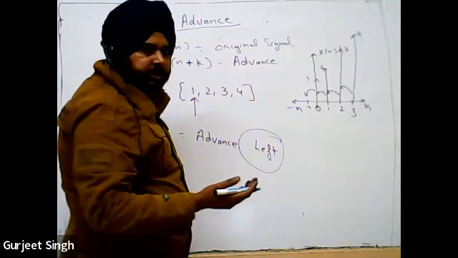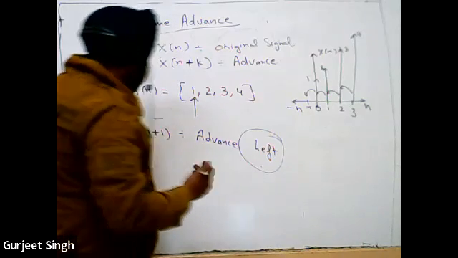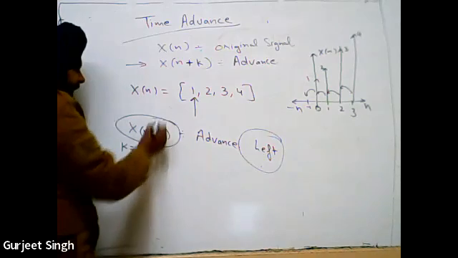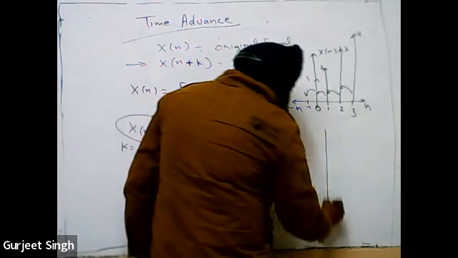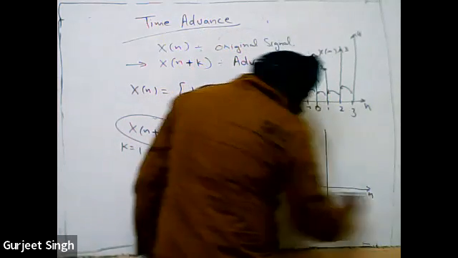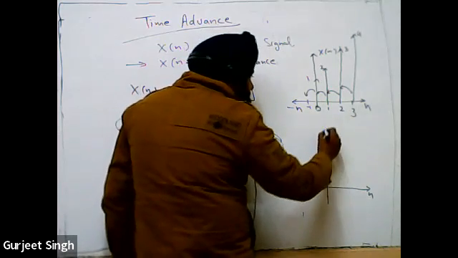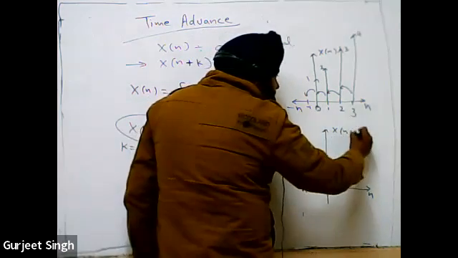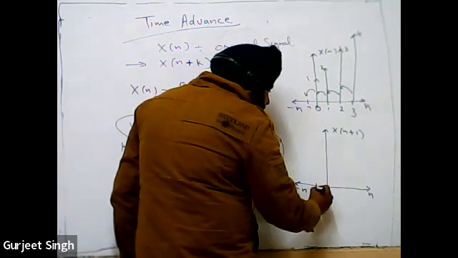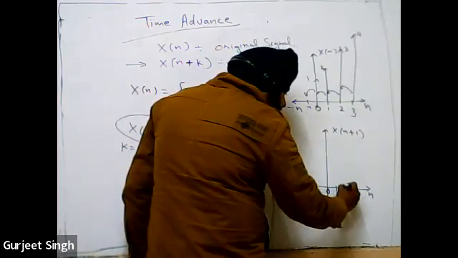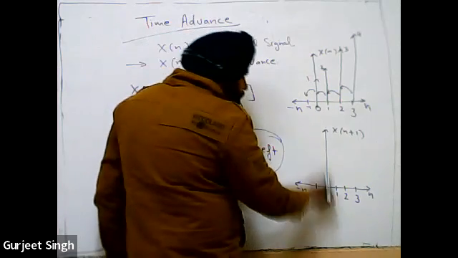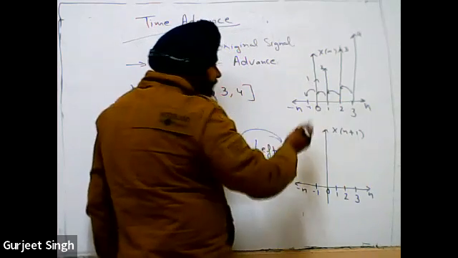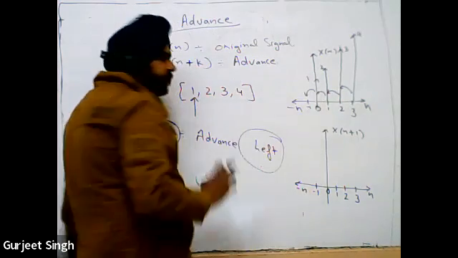So this is called the time advance, shifting of one sample toward the left side, because here I am using x[n+1], only one sample advance. I am writing this is n, this is x[n+1]. Here we have minus 1, 0, 1, 2, 3. At n equal to 0 we have amplitude 1.